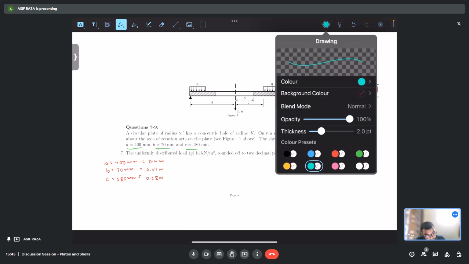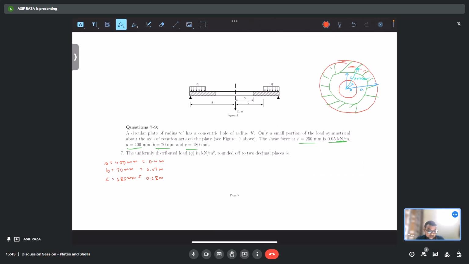So using the vertical equilibrium, that is, considering the vertical force equilibrium, we have 2 pi r qr.